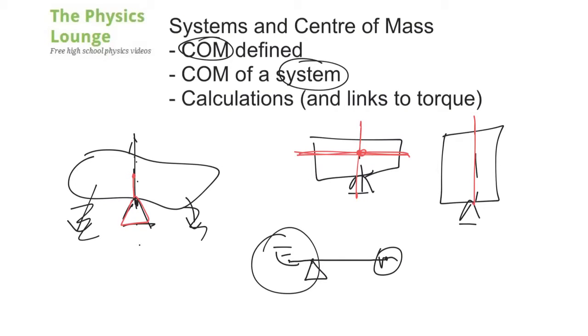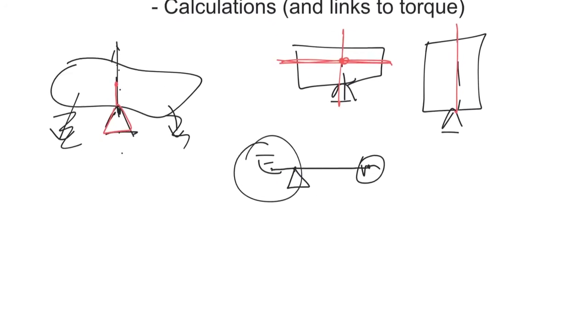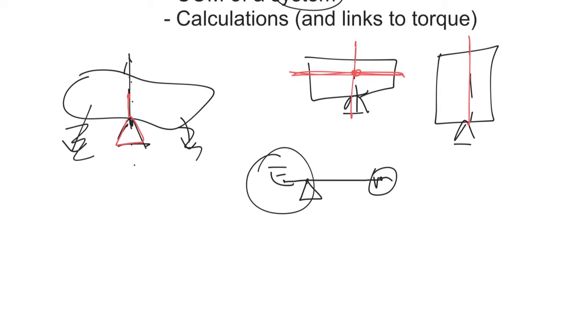We now come to the point where we look at calculations and the links to torque. You might have worked out the links to torque already, but I'll give you that very quickly. If you're balancing even the Earth-Moon system on a point, if that could be done, there's a smaller mass at a larger distance, which are balancing, kind of like a torque, force times distance, remember, Fd.